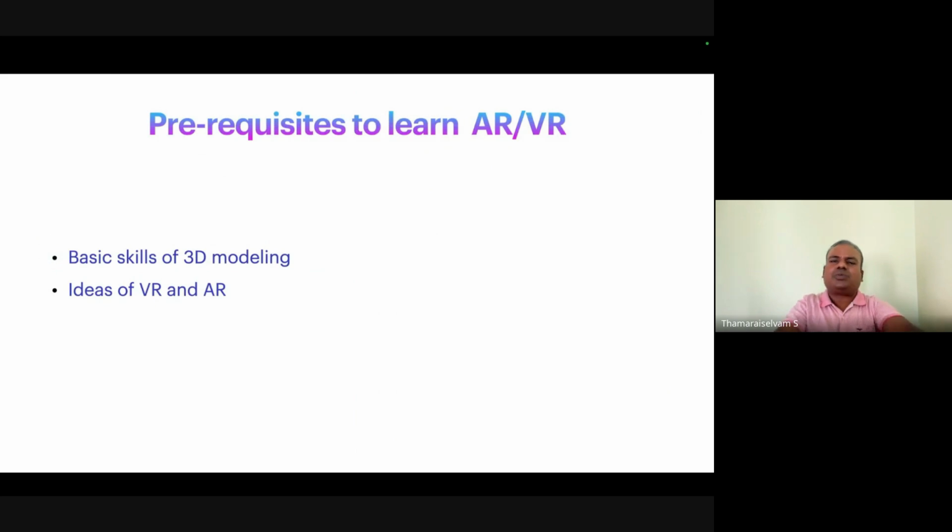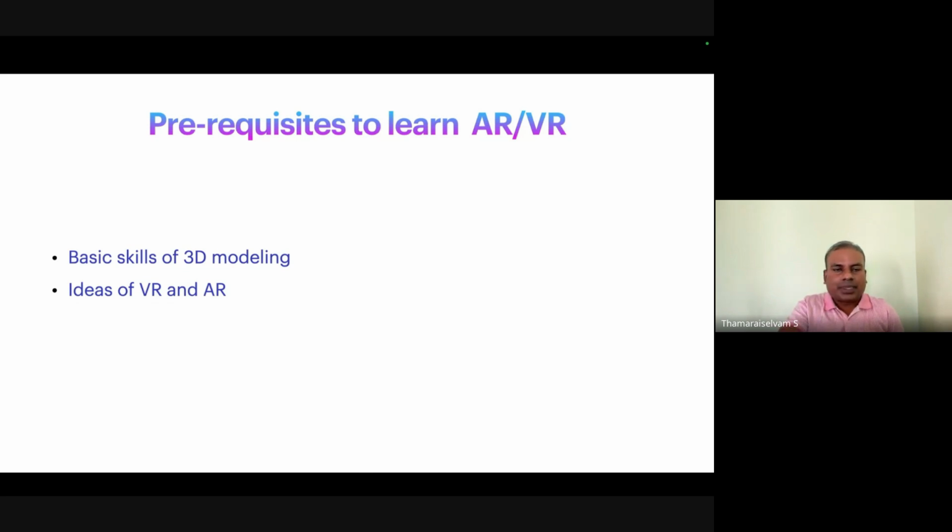Okay, if someone wants to learn or master or become a subject matter expert in augmented reality and virtual reality, then he or she must have these 2 skills: basic skills of 3D modeling and ideas of virtual reality and augmented reality. These two are most expected and required.